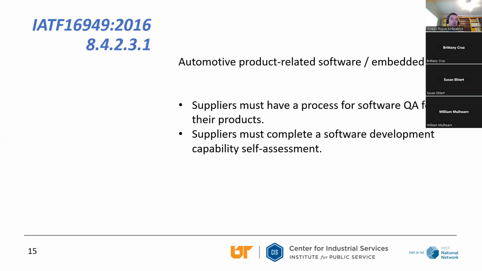And that's only if you have product that has embedded software, but there's more and more embedded software in components in automotive now than there's ever been. And I don't know, do any of you guys have any experience with embedded software and how you control those suppliers? Does anybody have any comments on that?